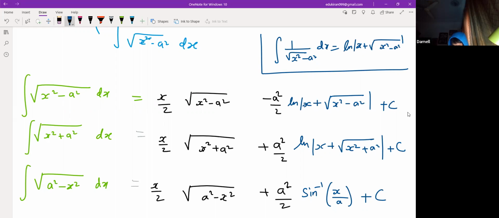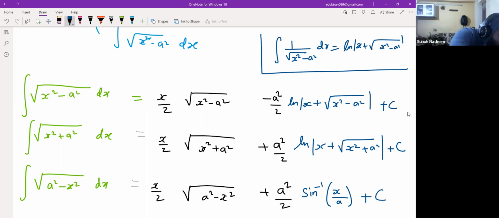So let us do a few questions from this exercise, which is 7.7. The completing the square concept you have to apply here also, as we were applying in the previous exercises.